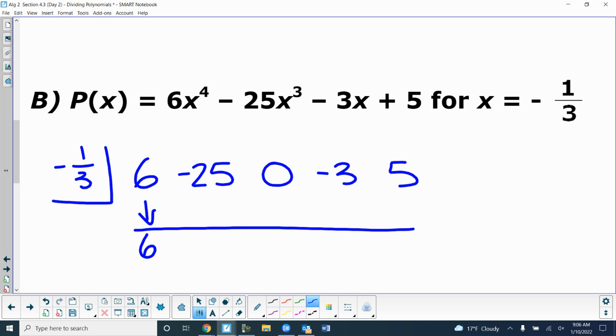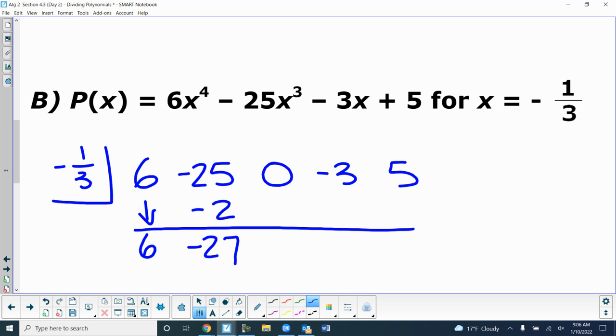So what's -1/3 times 6? -2, yeah. Just put that in your calculator: -1/3, parentheses, times 6. Or basically you're dividing by -3 each time, aren't you? Isn't times -1/3 like dividing by -3? So anyway, that's a -2. Add those, you get -27.